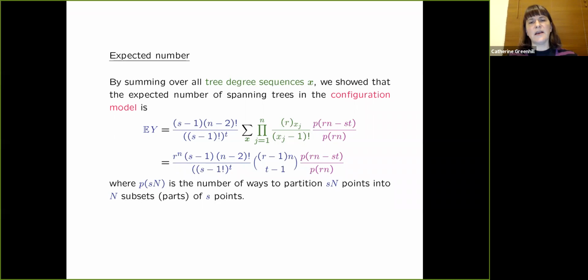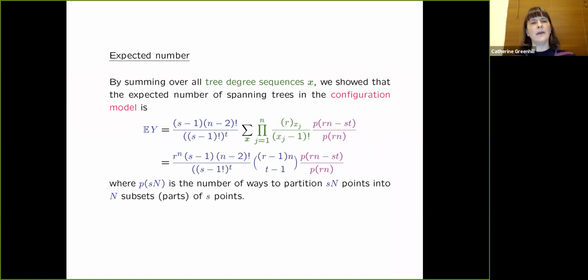And so that gives us, in the green, the R falling xj. So just R if it's in one part, or R times R minus 1 if it's in 2 different parts, and so on. And that's it. And then you've described a tree in a configuration, and you have to multiply by P of Rn minus St, the number of ways to fill those parts that you've chosen out to a full configuration.